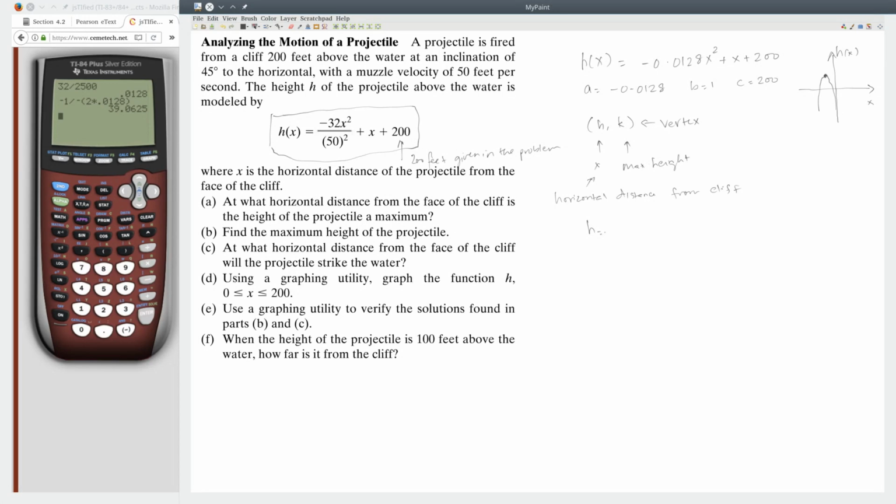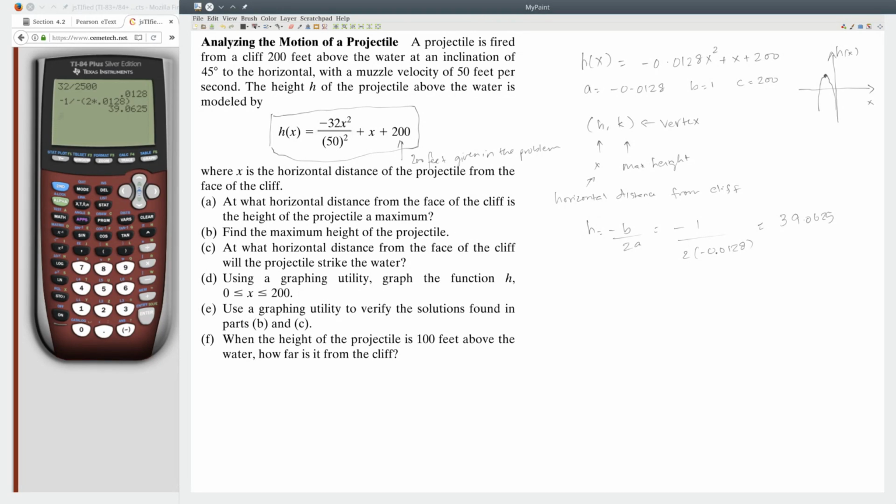So we know the formula for h, which is minus b over 2a. So we have minus 1 over 2 times minus 0.0128, which is 39.0625, and that is nothing but the x value.